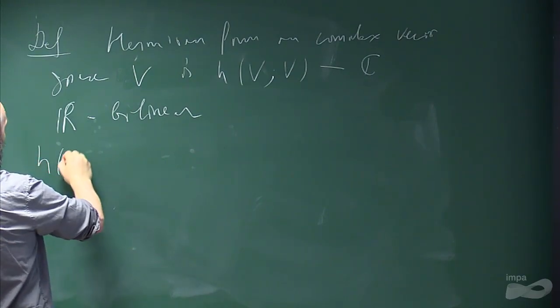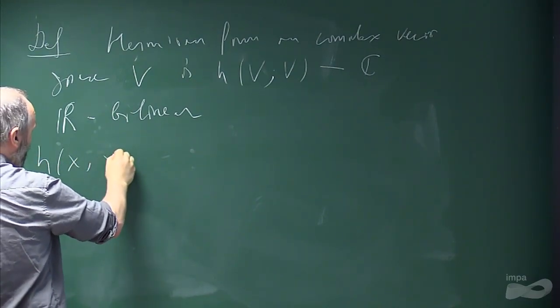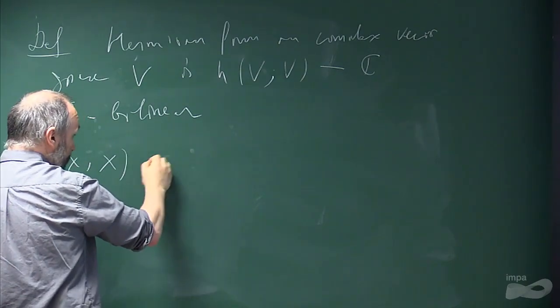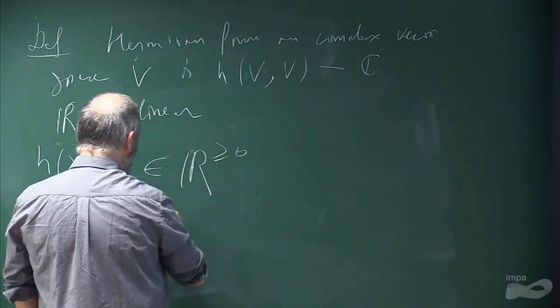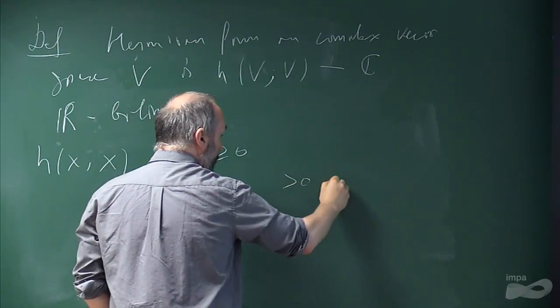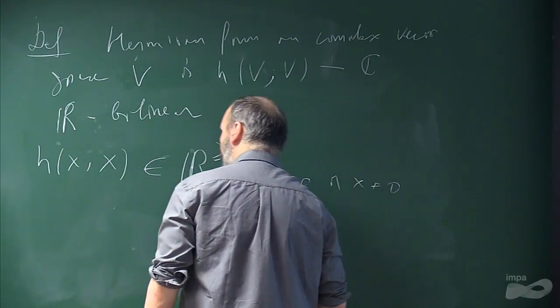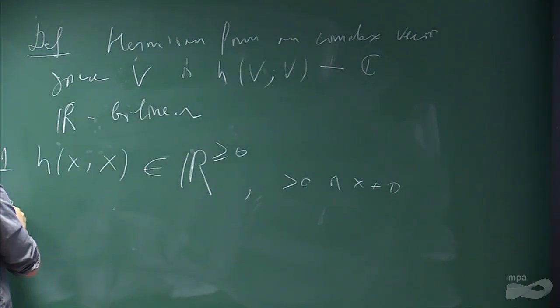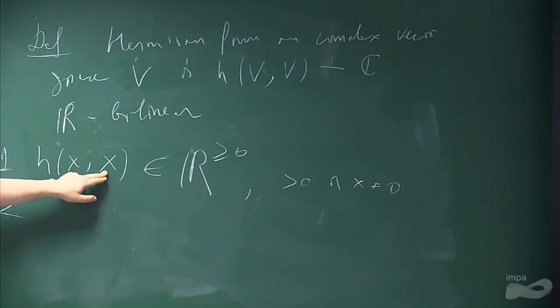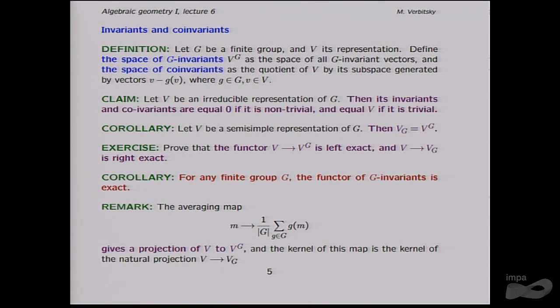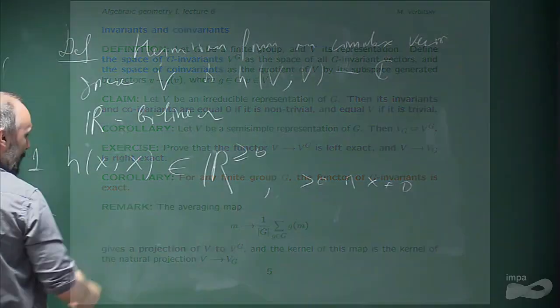So H of X, X is positive and real. Positive if X is non-zero. And second, if you multiply this by some complex number, the result should be multiplied by a different complex number. This can't be complex linear in both arguments.